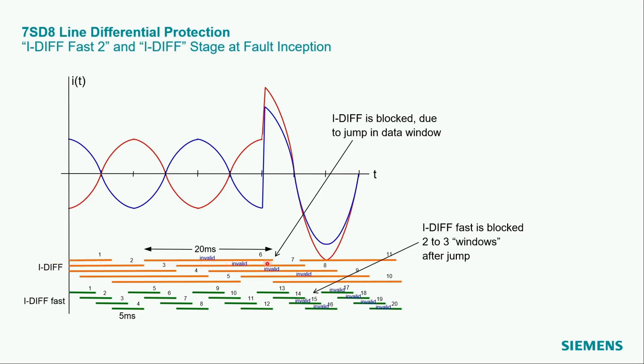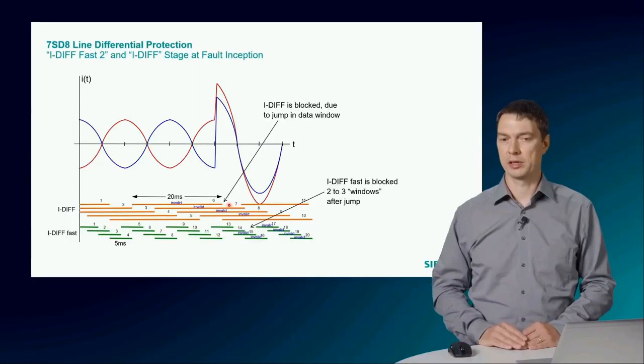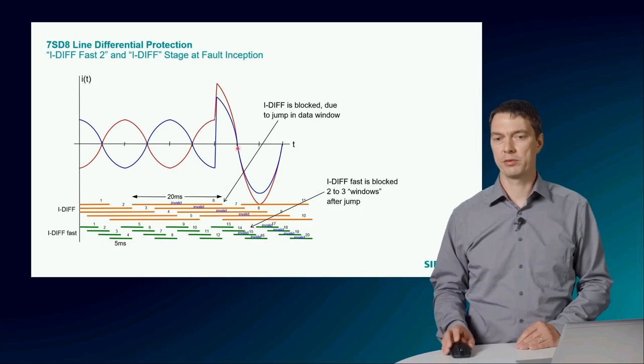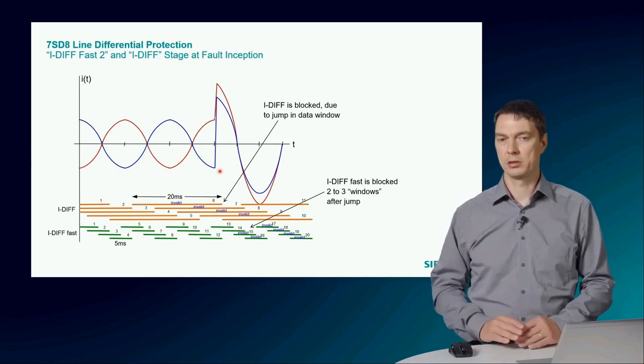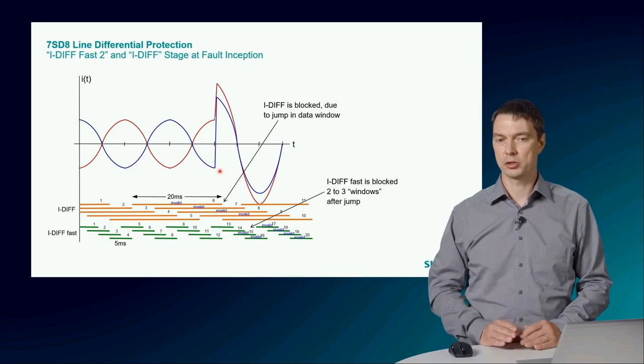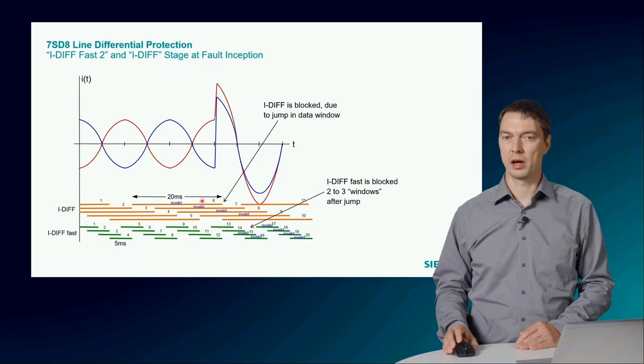When we have a fault inception during such a calculation window, this will impact our calculated phasors. So that means if we have detected fault inception, the IDIF, so the differential current calculation gets blocked, and these windows then are marked as invalid.